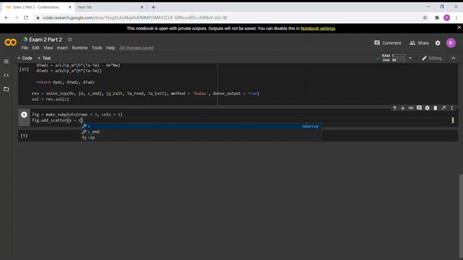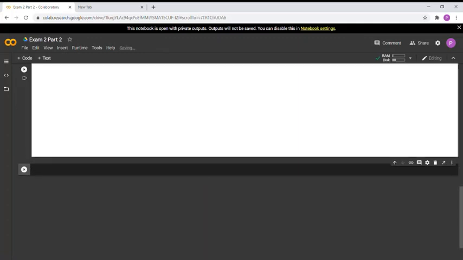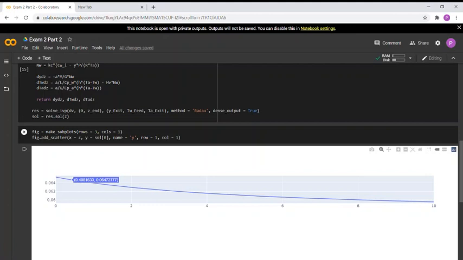First one is y, so I say name equals y, row 1, column 1. Yep, this is the plot of y.